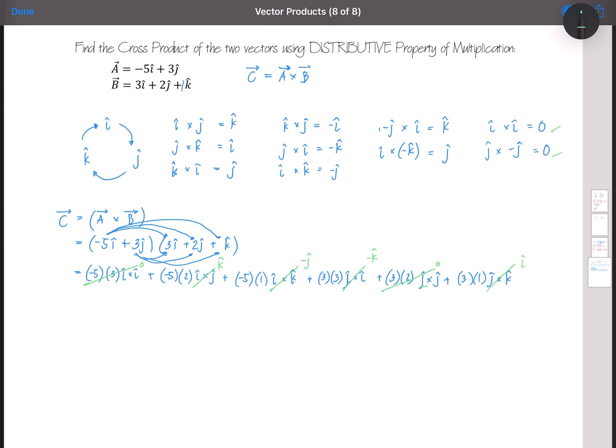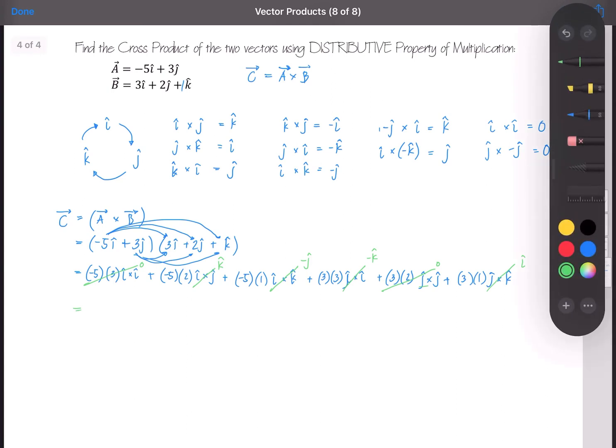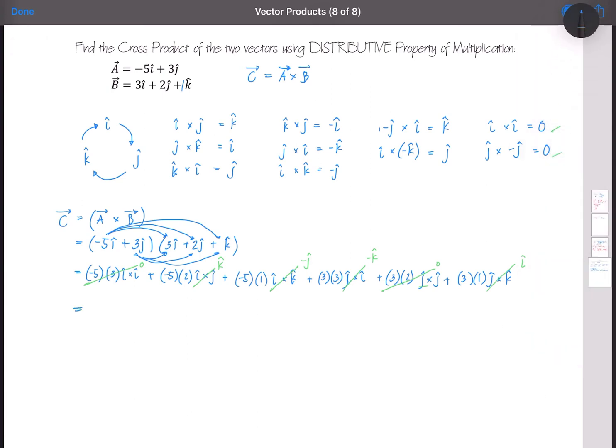Now, simplify. The first term is 0. Negative 5 times 2 is negative 10, and so we have negative 10 k hat.